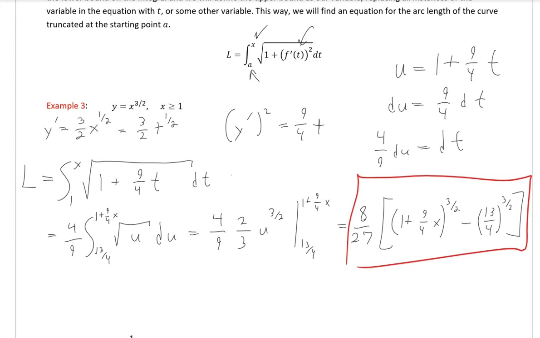That would be an equation of the length of this curve from 1 up to some point. Now, what that minus 13/4 to the 3/2 does, that's cutting out the first unit of length for the curve. So basically from 0 to 1. That's why it has that subtraction there. Okay. So that should cover that.